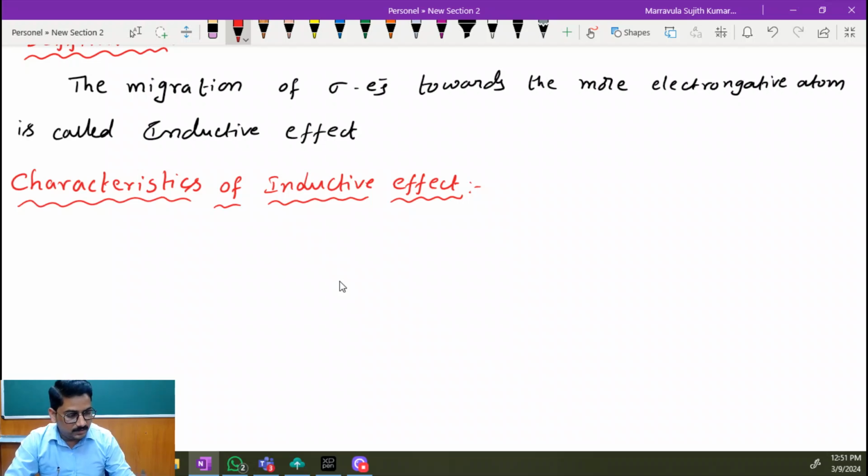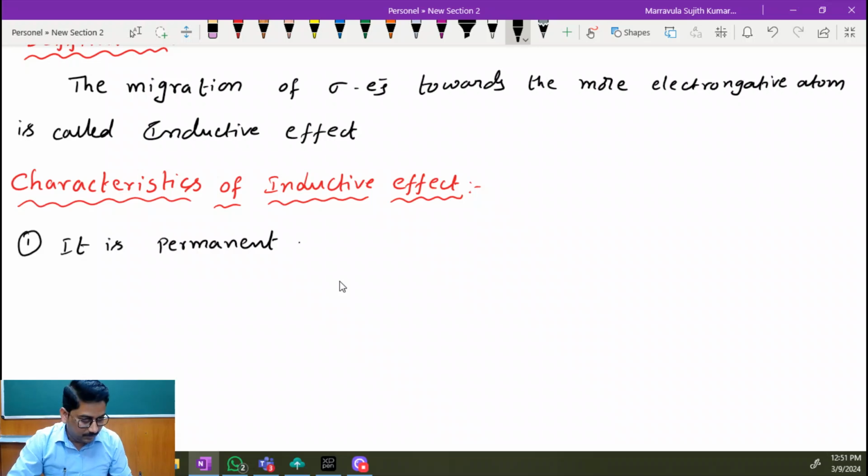So the characteristics are, first one, it is a permanent effect. This is a permanent effect, not a temporary effect. Permanent in the sense that the effect is always there because the electronegative atom is present in that compound. So that's why the effect is permanent.